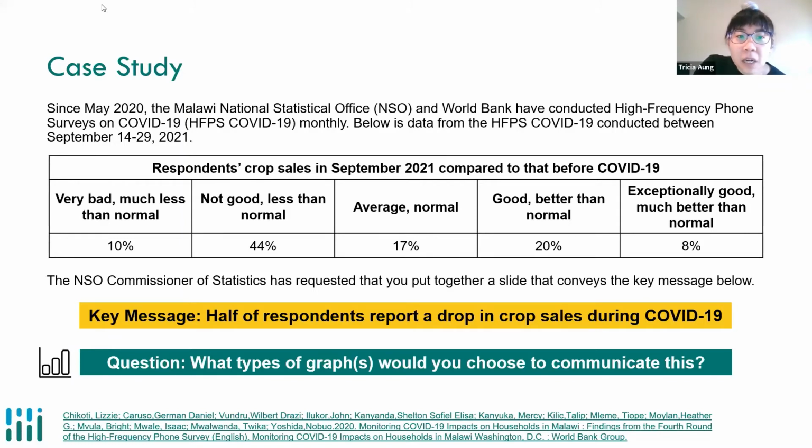I do want to highlight this as something to think about: you don't necessarily need to show all data. It goes to the mantra of less can be more. One common mistake I see is that individuals visualize too much data because they just want to show it all.